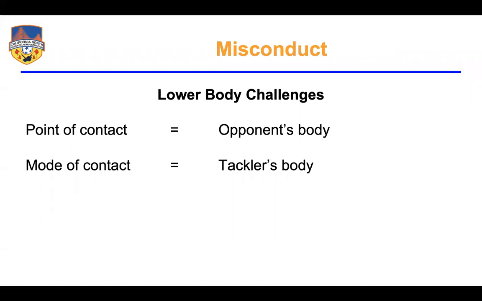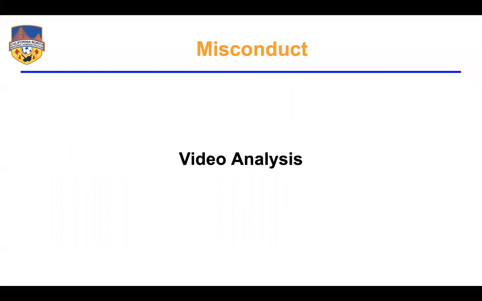Those are 2 terms that we use a lot when we're evaluating challenges so that we can identify the level of misconduct based on the point of contact and the mode of contact. Any questions on that aspect of it? Mode and point of contact.